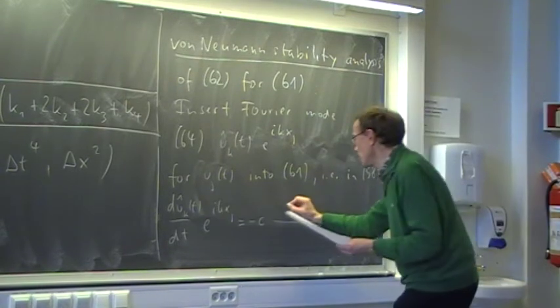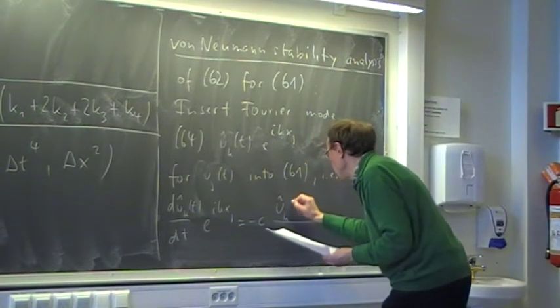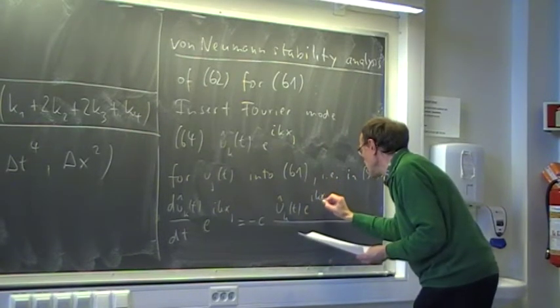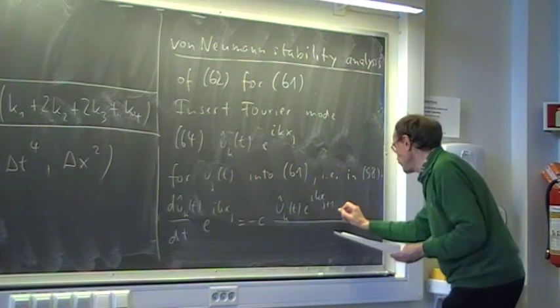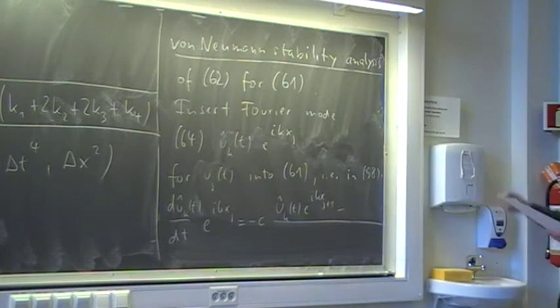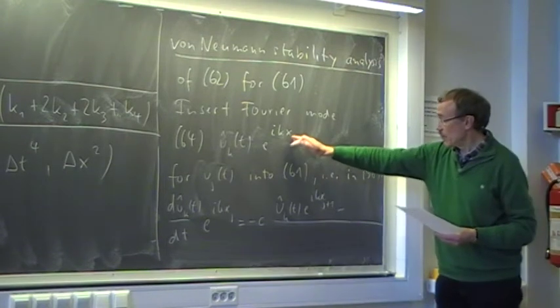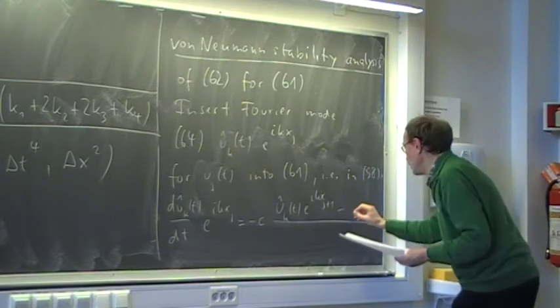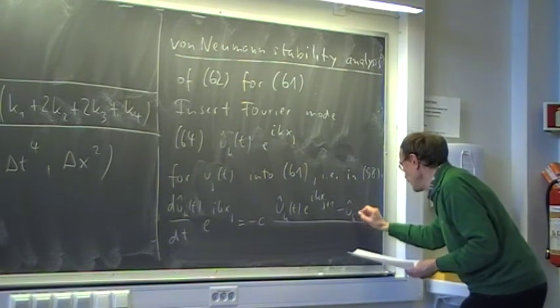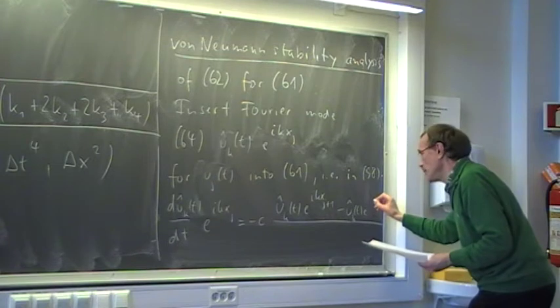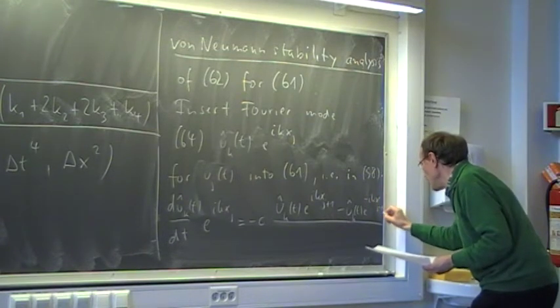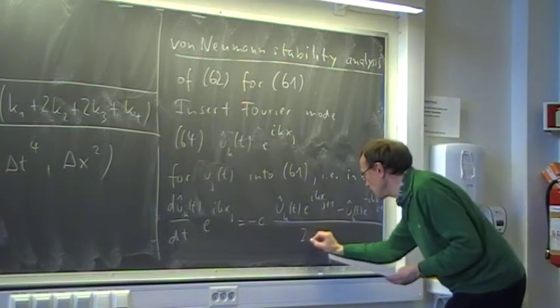That will give us a u hat k of t e to the I k x j plus 1 minus the uj minus 1 will give a similar thing with the xj minus 1 here. We have again the u hat k of t e to the I k x j minus 1. Denominator 2 delta x.